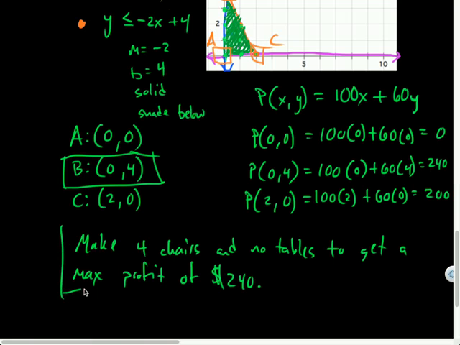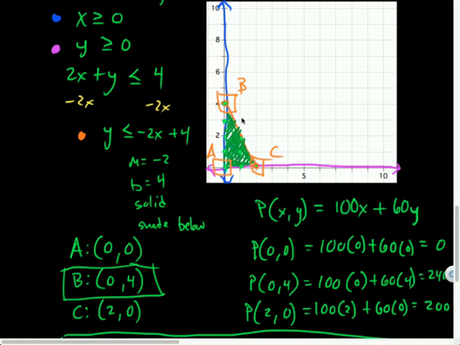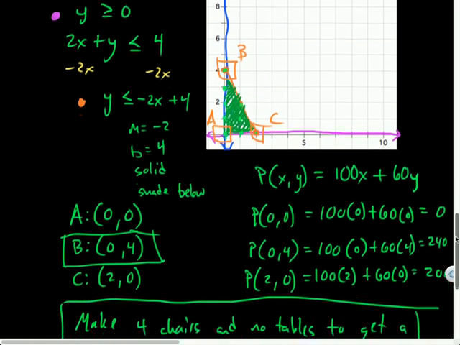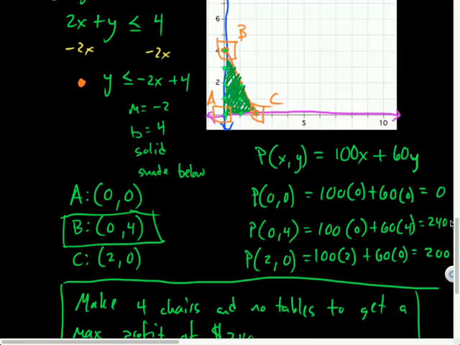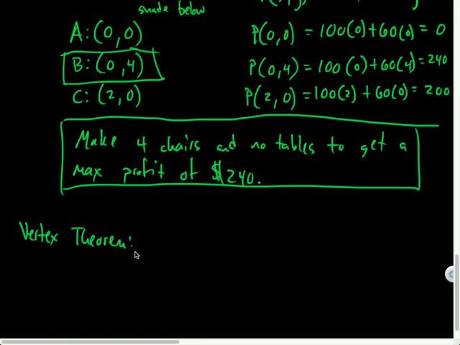So the thing that I want to point out, now you guys kind of just believed it off of instinct that the extreme points would make the most sense, and you were right, that does make sense. But there's something called the Vertex Theorem, which kind of says exactly what we just did.